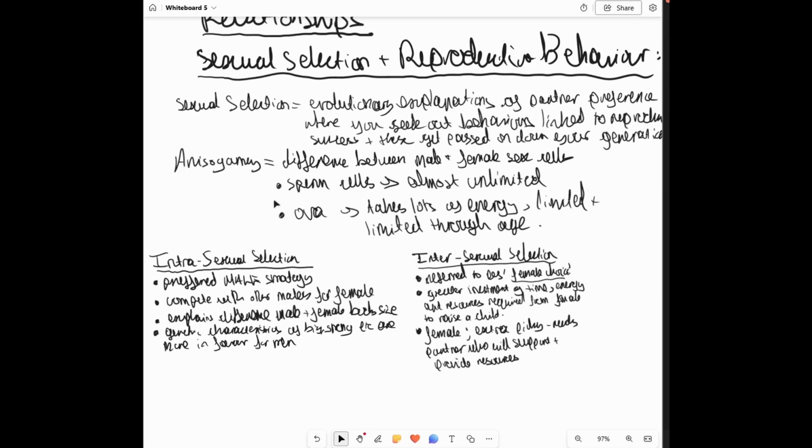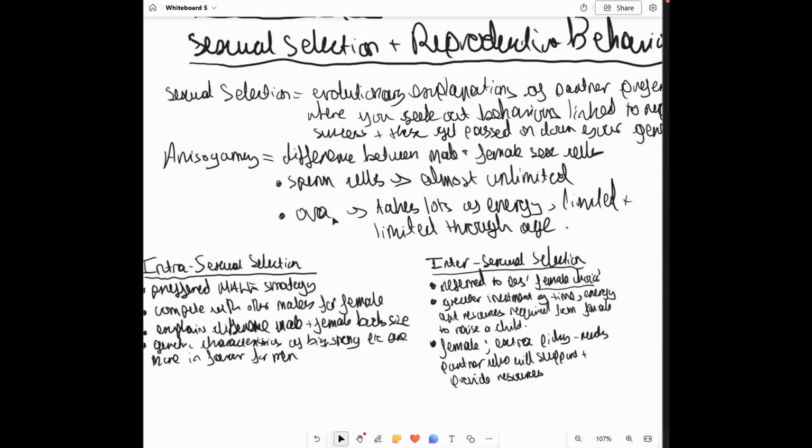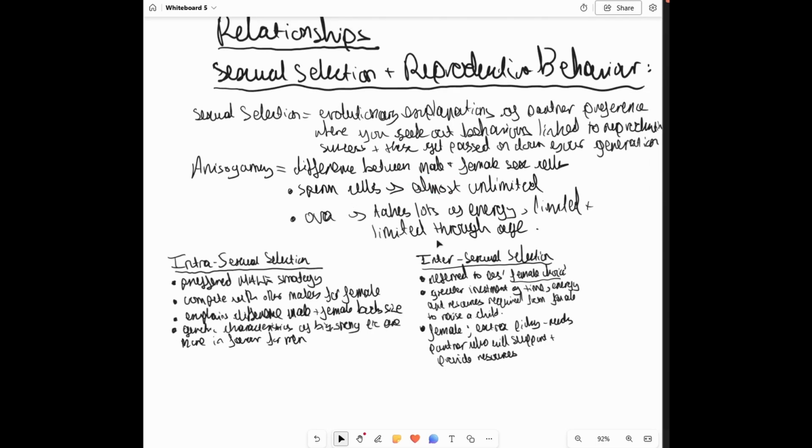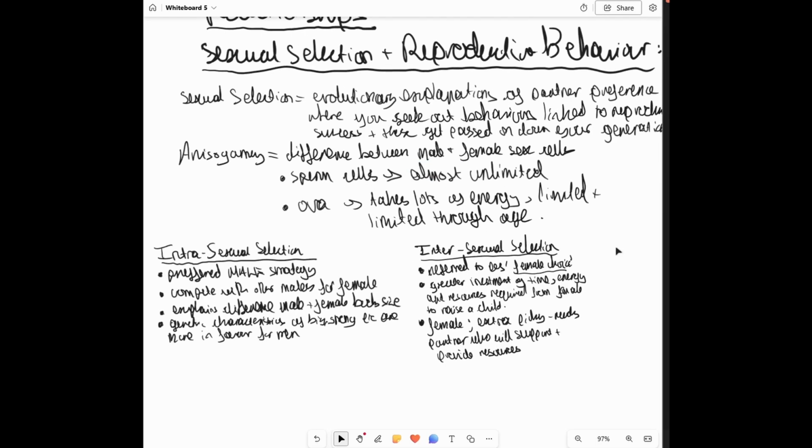Even in old age, most men are still able to produce some sperm, whereas for females it takes a lot of energy, and it's not quickly replenished. It's not produced in large numbers. It's limited, and it's also limited through age.